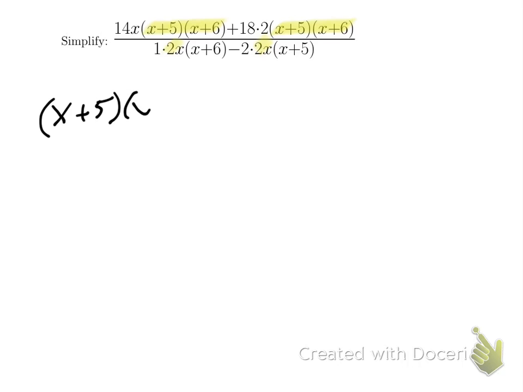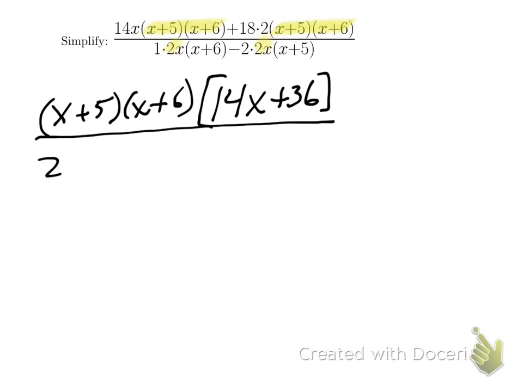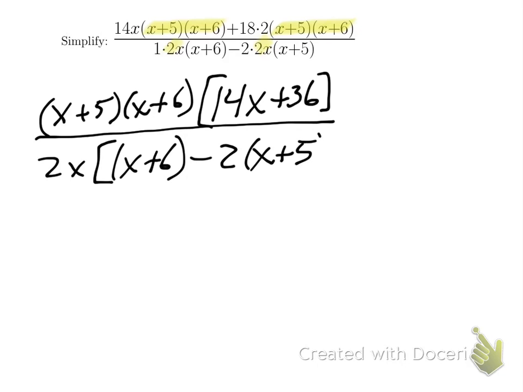I'm going to factor the x plus 5 and the x plus 6 out, leaving 14x plus 36 plus 18 times 2. I'm going to do that in the bottom as well, and I see 2x is common to both of those terms. The binomials in this case are not common. It's x minus 6 on one and x plus 5 on the other. But the 2x is multiplied times x plus 6 in the first piece, and x plus 5 in the second piece.